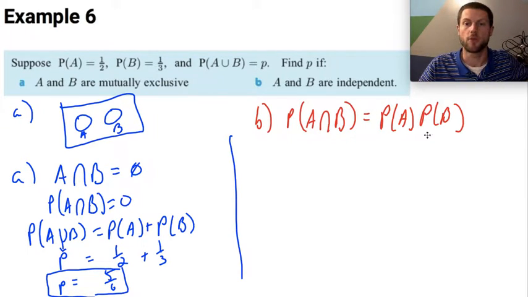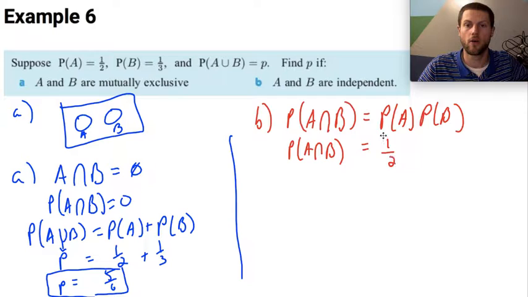So I can multiply the probabilities of these two independent events. Why is that helpful? Well, I can find the probability of A and B to equal 1/2 times 1/3, which is equal to 1/6.